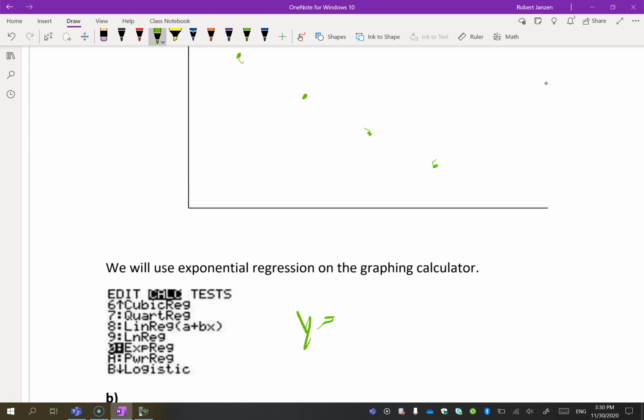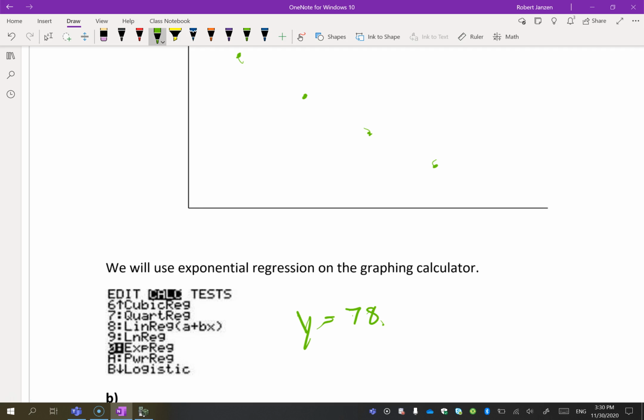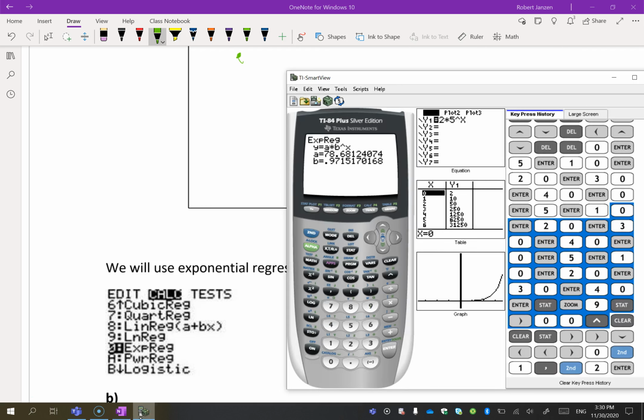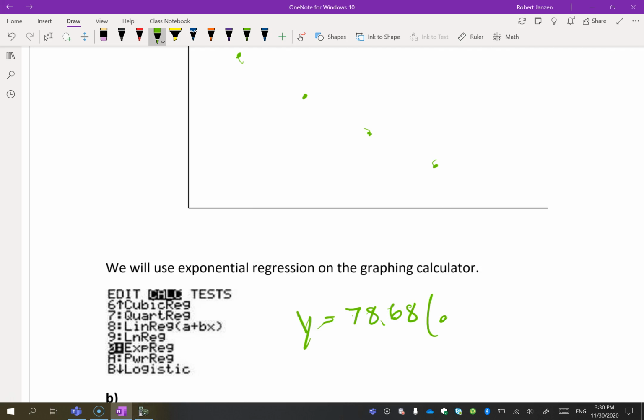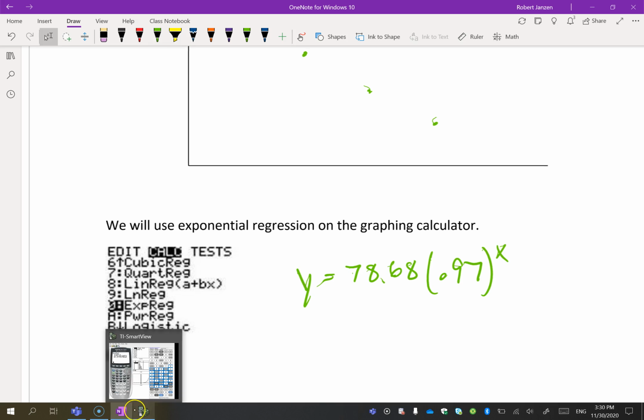Let's write it in here. y equals 78.68 times 0.97 to the power x. Now notice 0.97, that's less than 1. That's why we have a decay, we have a graph going down.